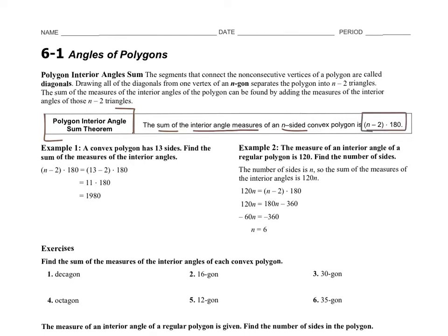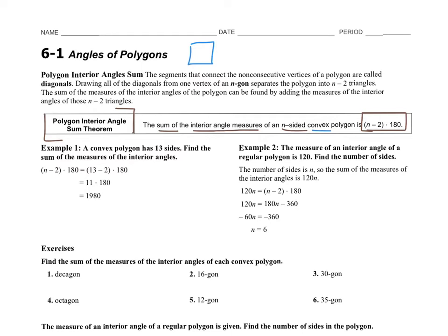The only other new term that you might not be aware of, convex, small detail, but for the purpose of the explanation, convex means that all the points point outward. So in this square, all of our points, all of our corners are pointing out, away from the interior of the square. That would be a convex polygon.